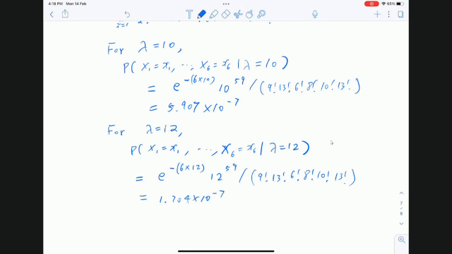And this will become 1.704 times 10 to the power minus 7. So this is how we get this joint probability. You can try to put different values of lambda into it, and you will get different numbers.